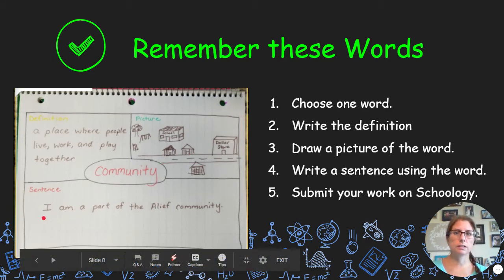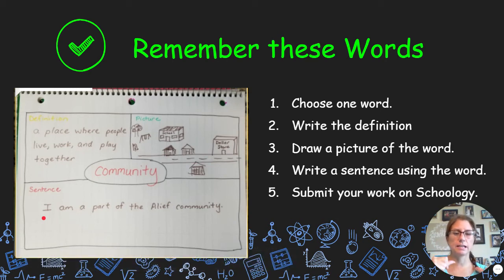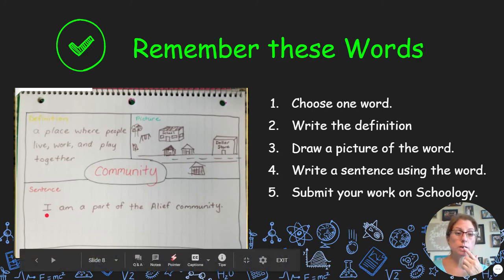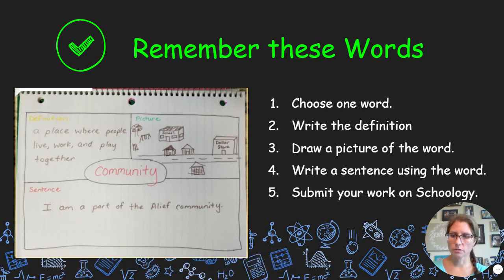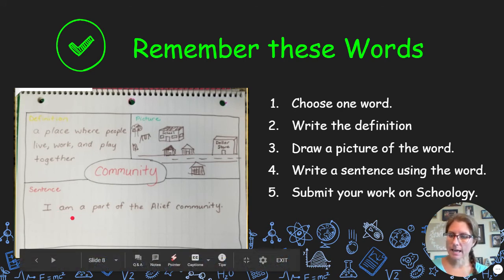You can use the sentence on the slide just like I did. I moved it back, looked at the word, and I used those words we already practiced saying to write the words. Watch. I am a part of the A-Leaf community.